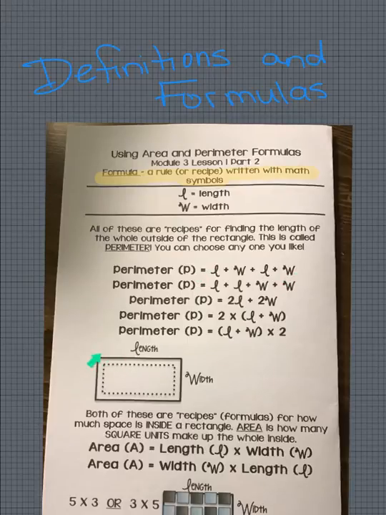You could also find it by adding up the length plus the length plus the width plus the width. If you know how long this is, you know that this is the same length because it's a parallelogram and opposite sides are the same length. So if this was 5, this is going to be 5.